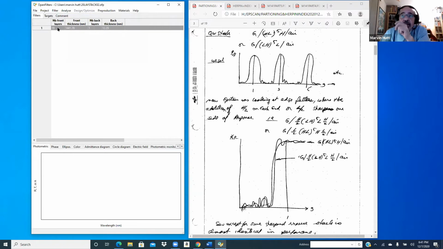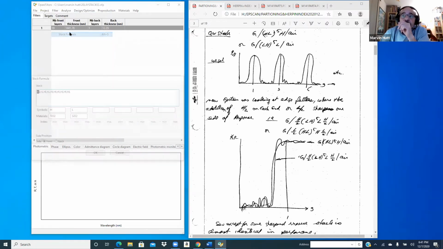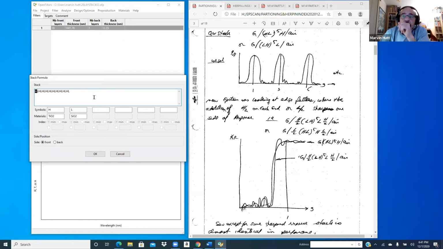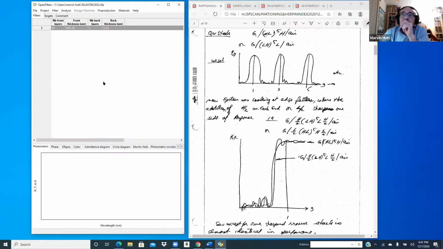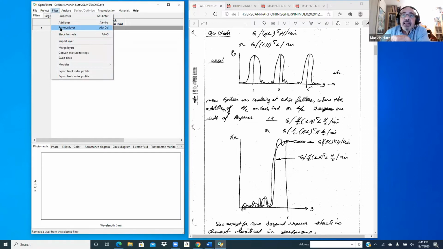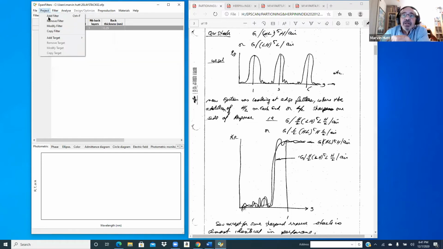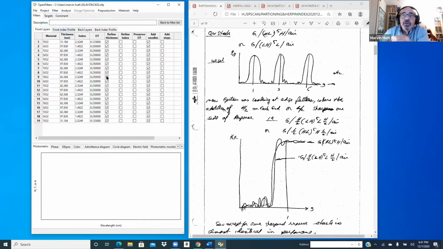Okay, 19 layers. The stack formula is high, low, high, low, high, low. Great. If you look at the filter, if we say on the project modify the filter, you'll notice the first layer is TiO2, the last layer is the high, but the optical thickness is 0.125. 0.25 is one quarter wave.